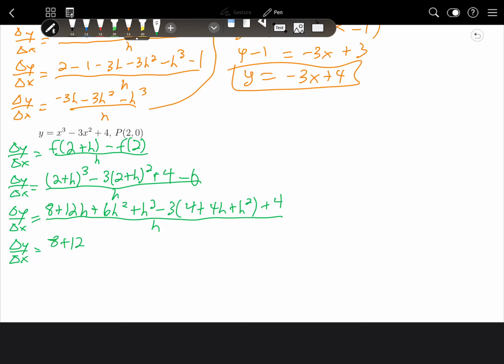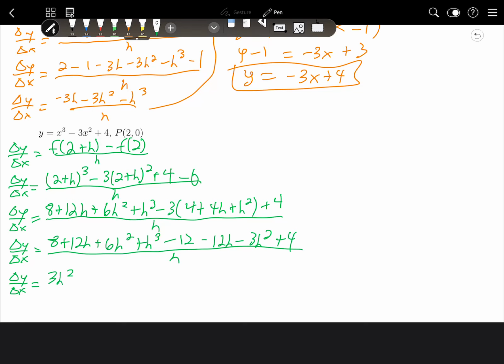So this is 8 plus 12h plus 6h squared plus h cubed minus 12 minus 12h minus 3h squared plus 4 all over h. Combine like terms. So 8 minus 12 is negative 4, plus 4 is 0. 12h minus 12h is 0. 6h squared minus 3h squared is 3h squared.